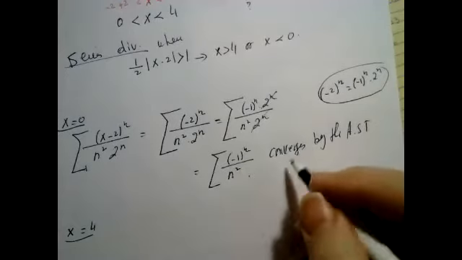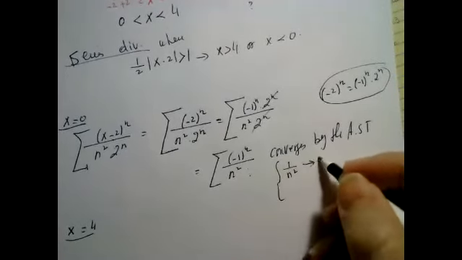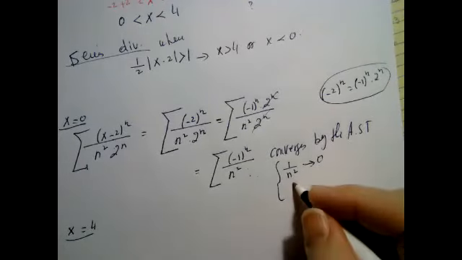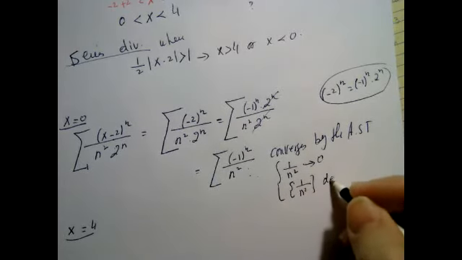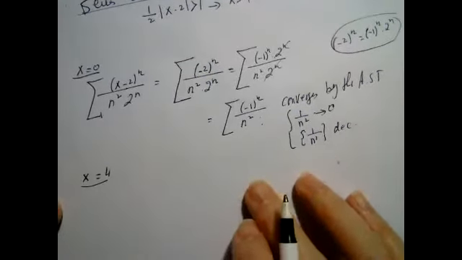Okay, because the terms here are 1 over n squared. The 1 over n squared definitely goes to 0. These are the positives, the absolute values of those. And definitely 1 over n squared as a sequence is decreasing. Because if n increases, n squared increases, and 1 over n squared will decrease. So it converges by the alternating series test.